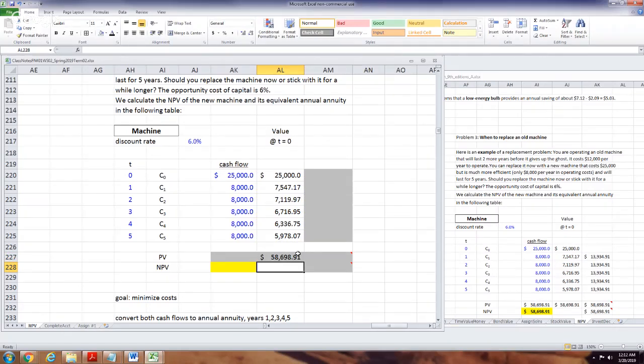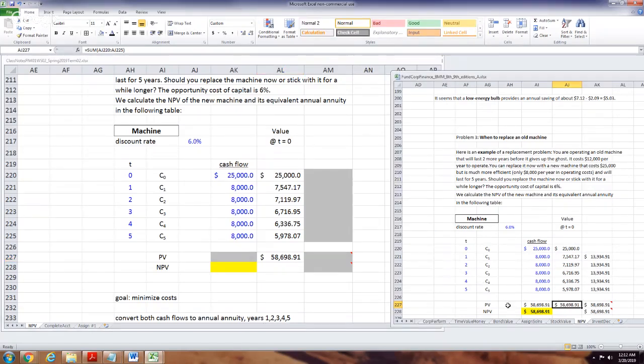They're all costs, so the present value and the NPV are the same in a lot of these because they're all costs. So you're spending 25,000, and then 8,000 a year for those years. So that's how you get the present value. And like I said, we can do that in a variety of ways.